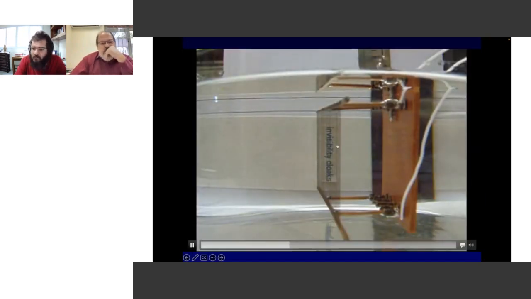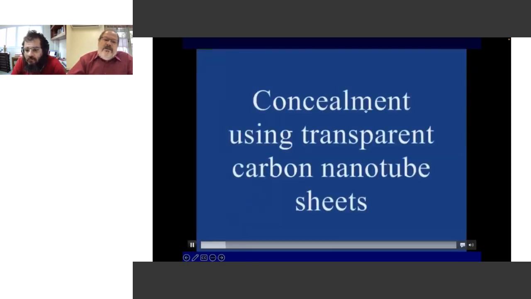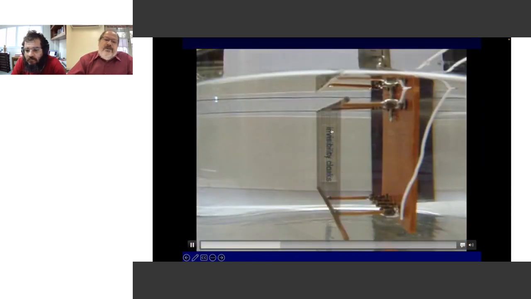this is the yarn. Okay, what you see here is like Harry Potter's invisibility cloak. So the yarn is in a liquid, and you apply a voltage to it, okay? You see, it becomes invisible. Why is that?